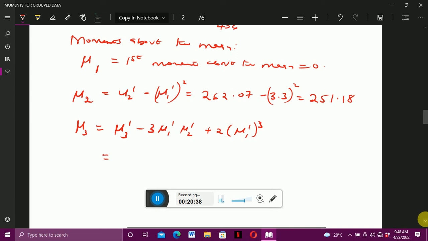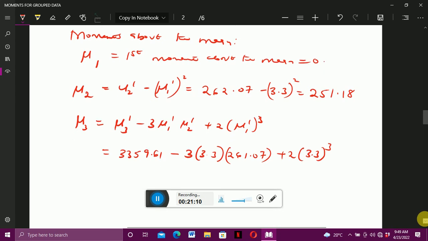So mu3 prime is 3359.61, minus 3 times 3.3, which is mu1, times 262.07, and then plus 2 times 3.3 raised to power 3.